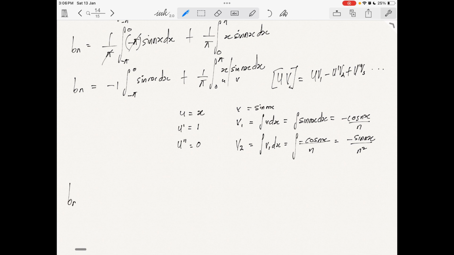So we solve bn, and solving this, that means we are integrating sine nx, we will have minus 1 into cos nx minus cos nx over n, ranging from minus pi to 0.